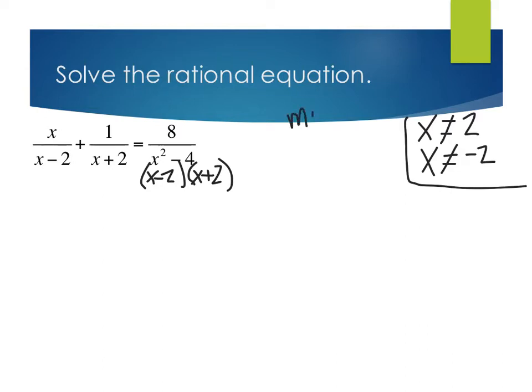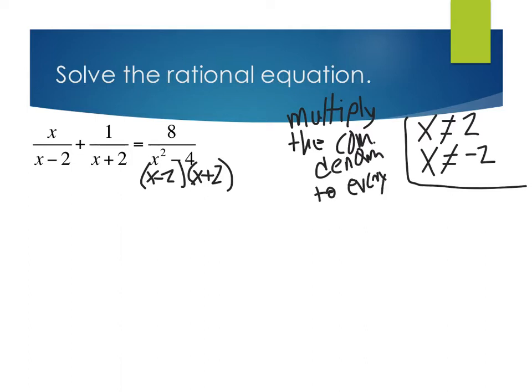Now, when we have something like this, we're going to have to multiply the common denominator to everything. So I'm going to multiply everything by x minus 2 times x plus 2.